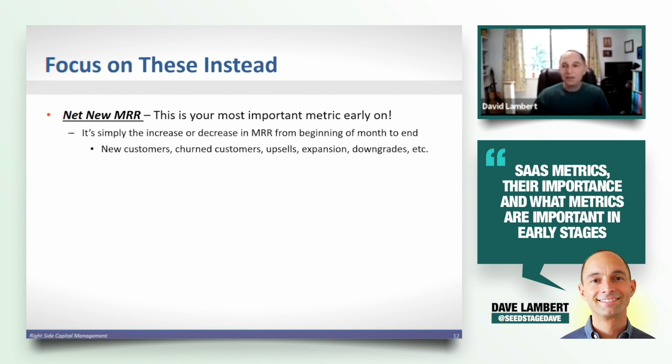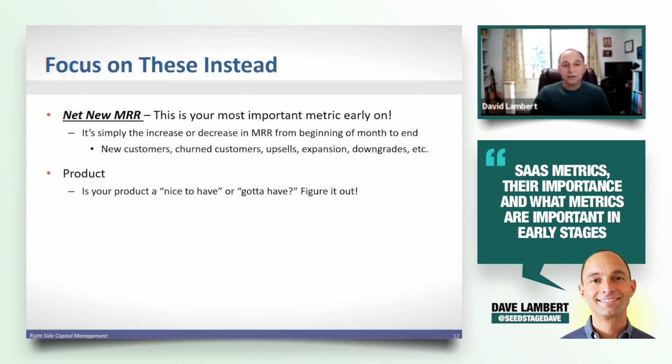If you started the month at 30K MRR and you end at 33,000, that's 3,000 net new MRR. You might have gotten there because no customers churned and you just added 3K of MRR. You might have gotten there because $2,000 of MRR churned and you sold 5,000 of new MRR. Regardless, that's $3,000 of net new MRR. That's what you want to focus on.